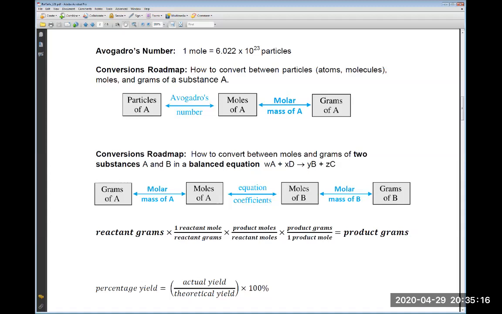The bottom roadmap here is when you are converting between moles and grams of two substances in a chemical reaction.